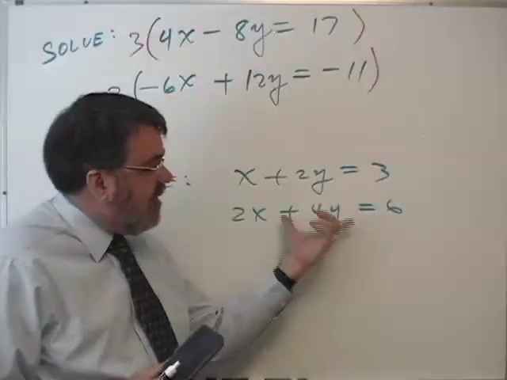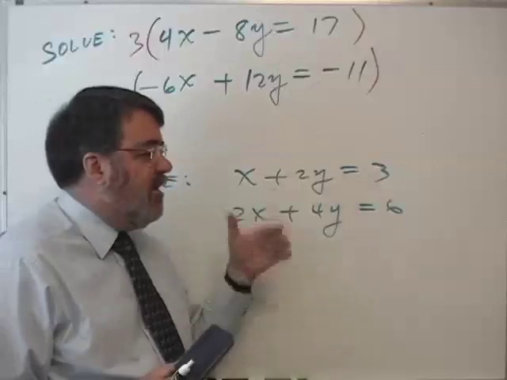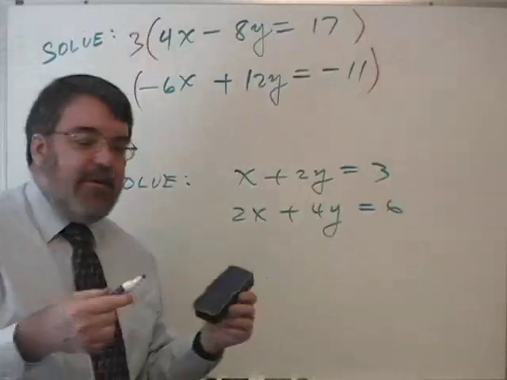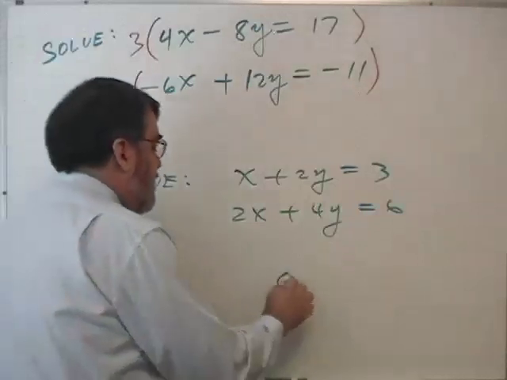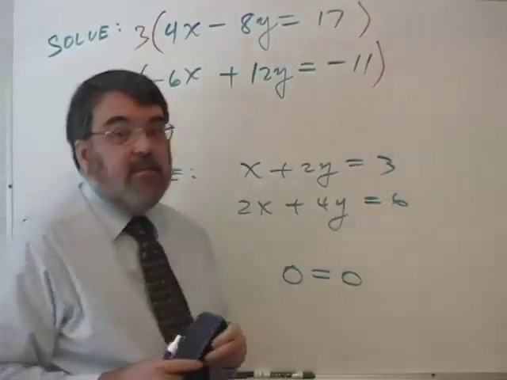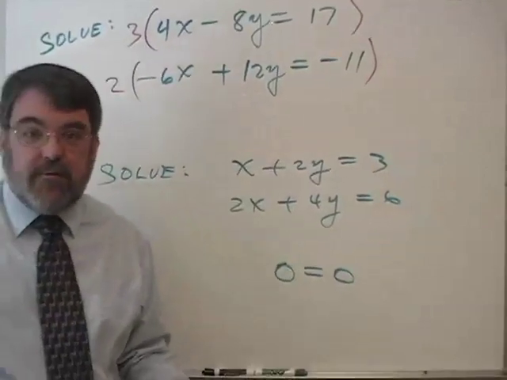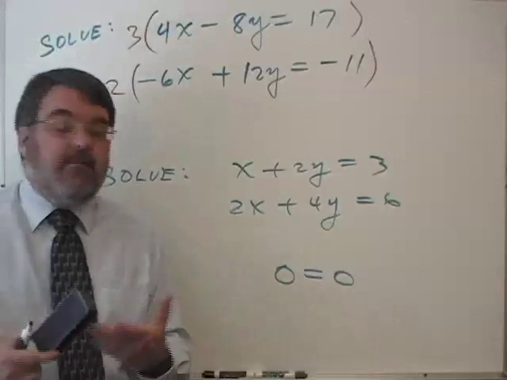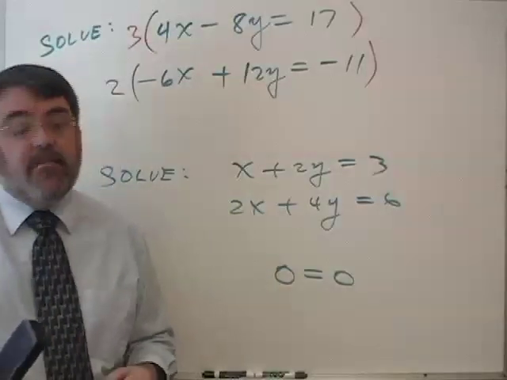And so really the second equation comes from the first equation by multiplication. If we were to attempt to eliminate variables here, we would end up with 0 equals 0, which is always true regardless of what numbers solve these equations.